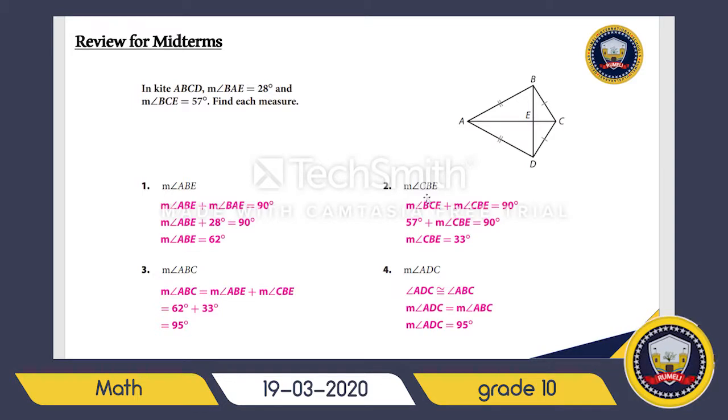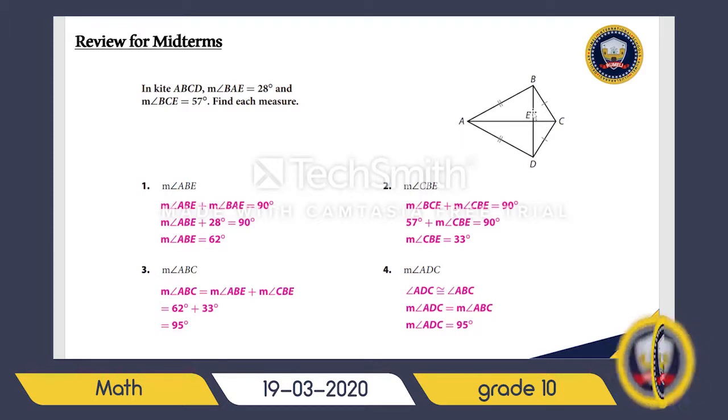The second, I'm looking for CBE. Where is CBE? Now, what is CBE? In this triangle, I have BCE plus CBE plus BEC is 180. Now, we know that this is 90 degrees.